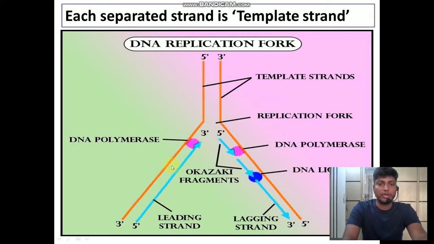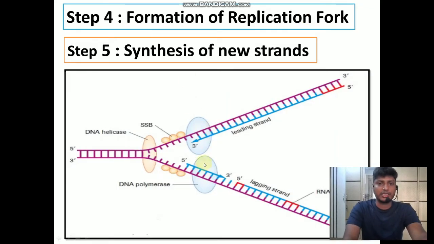So in this picture, the blue strands which are getting formed are the new ones, whereas the orange strands are the old strands. So the old strands are called the template strands.